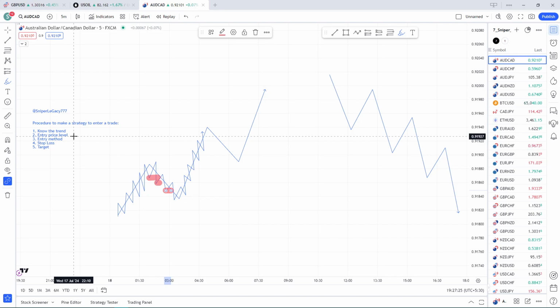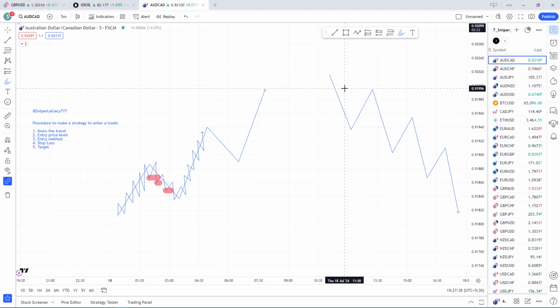So we need to know the entry price level at which we enter the trade. And the entry method. There are several entry methods, guys. There is 50% fib retracement, there is market structure shift, there is FVG and order block, there is smart money concept, there is SMT.